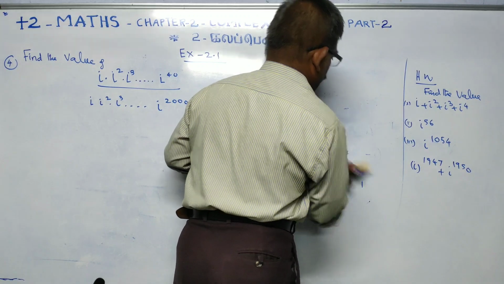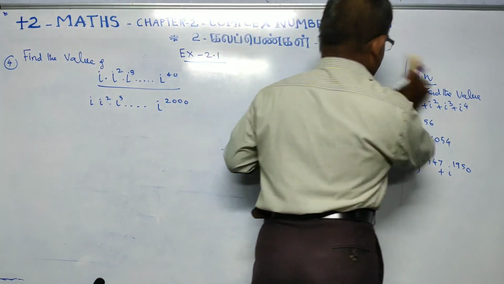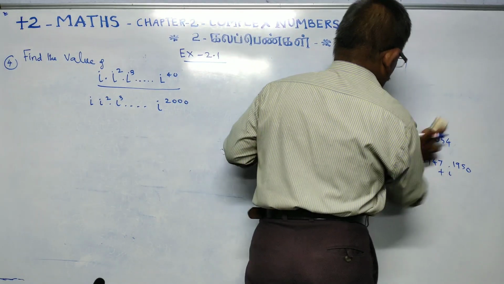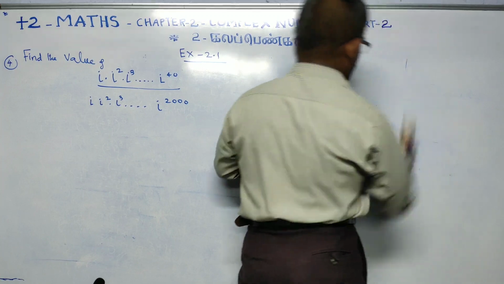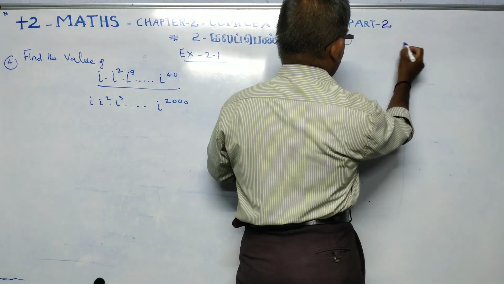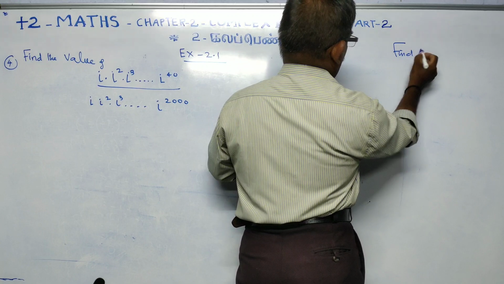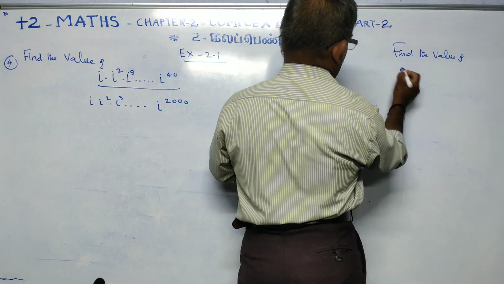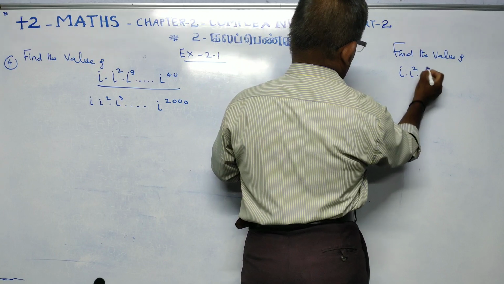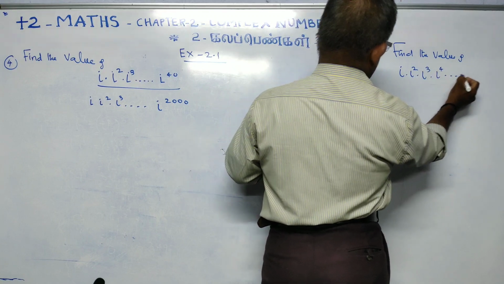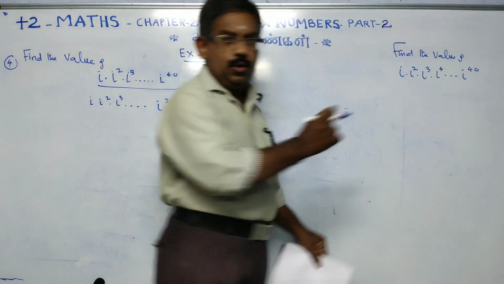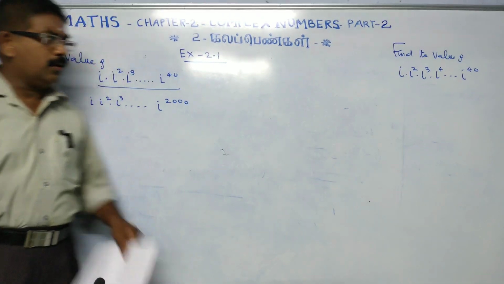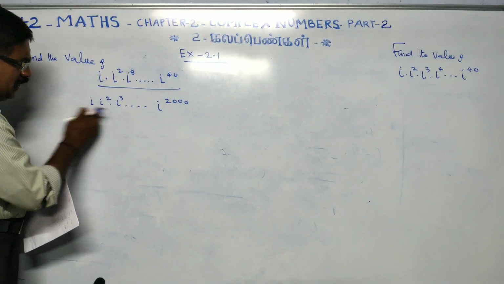This one is homework. Find the value of I power 40. This is the smallest sum I give for your homework. Okay. Now I am doing this sum.